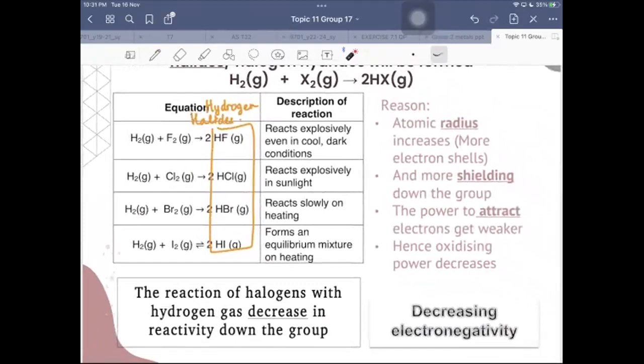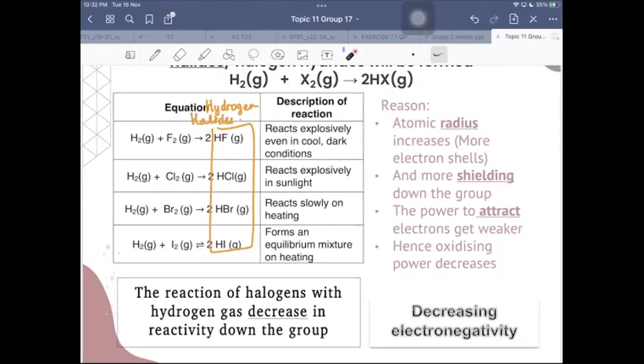Because everything else is the same. They have the same charge. They need to gain 1 electron to obtain an octet structure in a reaction. The only thing that's different between fluorine and iodine would be the size, okay, among other things like the mass and the number of electrons.